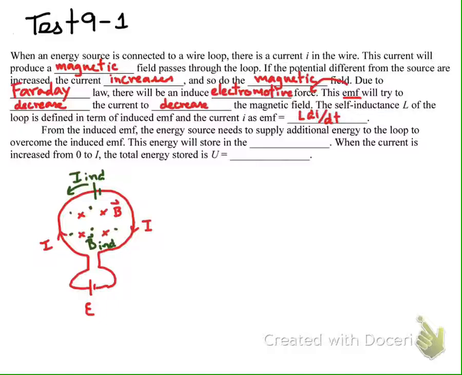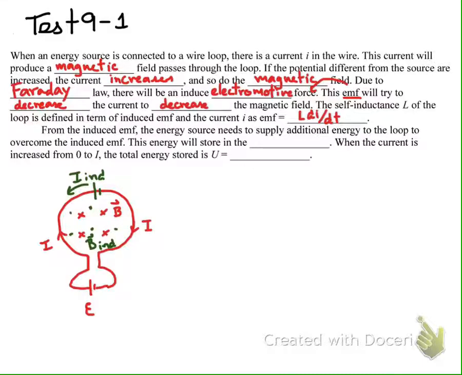And from the induced EMF, the energy source needs to supply additional energy to the loop to overcome the induced EMF. It means that if you want to maintain the current here, the original EMF source needs to supply some energy to overcome this induced EMF.